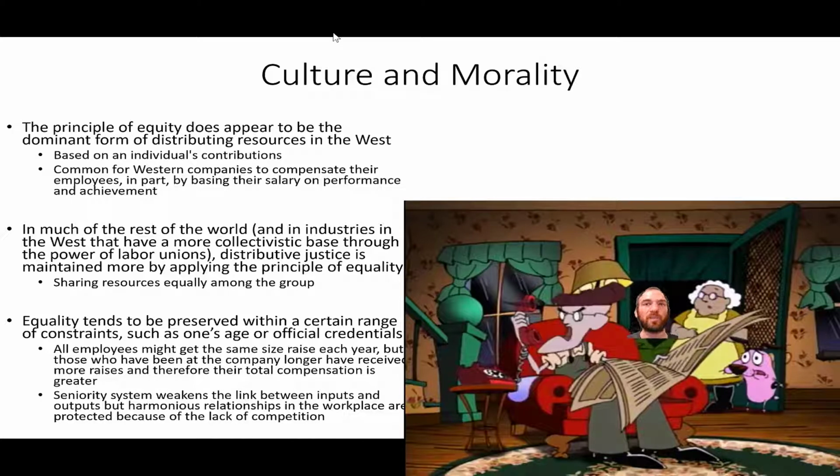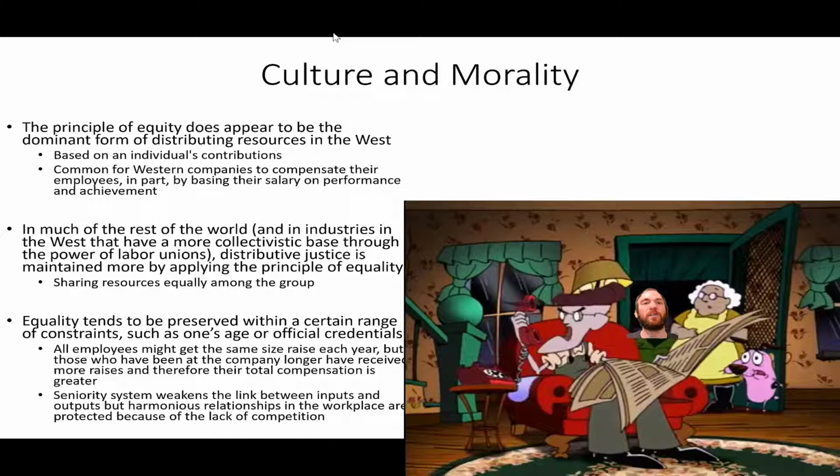And the level of constraints and the specific constraints themselves differ by culture. In this case, one of them being seniority. So the idea here is that, more globally, the link between inputs and outputs, aka the stuff that you're creating and the money that you're getting, is weakened.